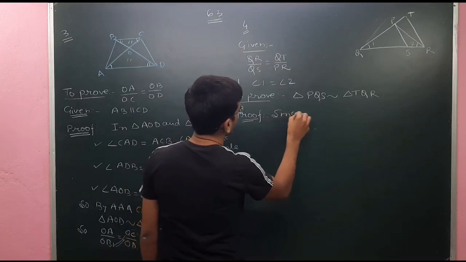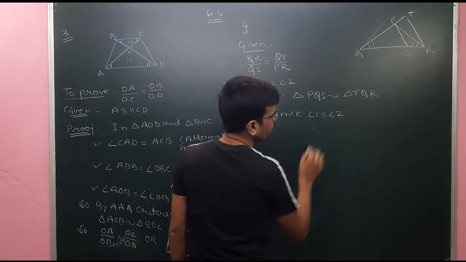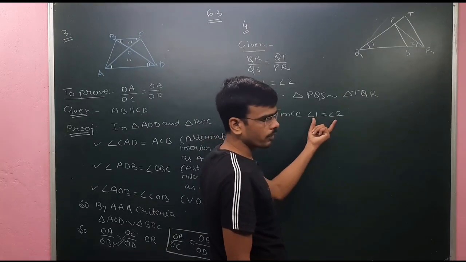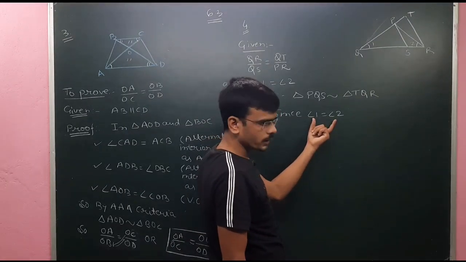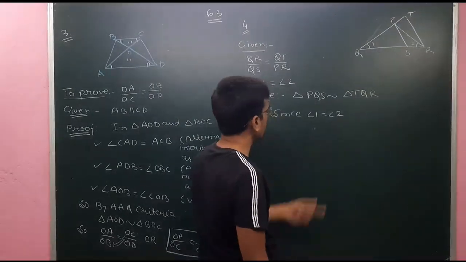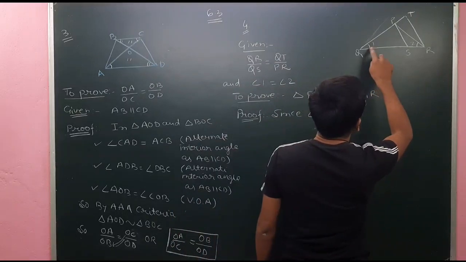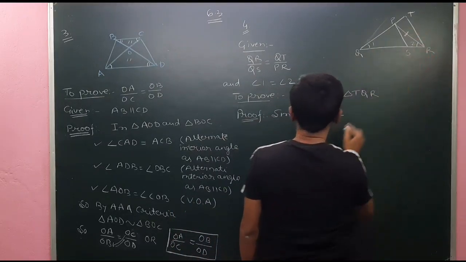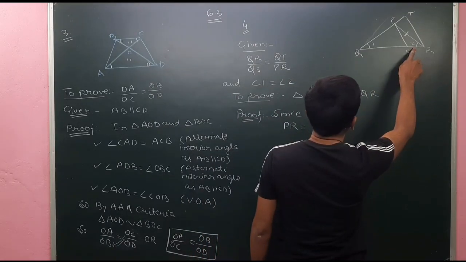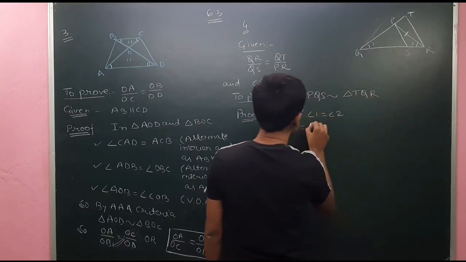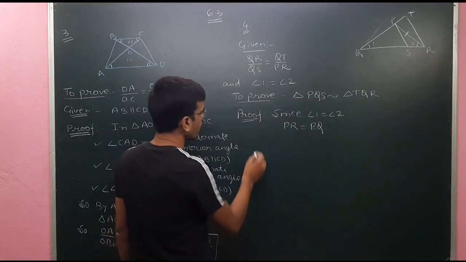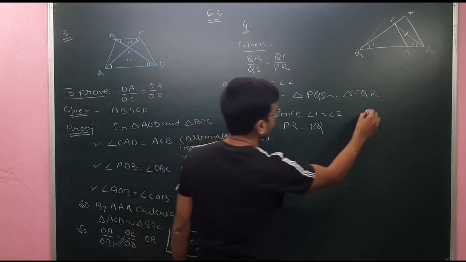Since angle 1 is equal to angle 2, if two angles are equal, then the opposite sides of the corresponding angles will also be equal. The opposite side of angle 1 is PR, and the opposite side of angle 2 is PQ. So PR is equal to PQ, and this is given.